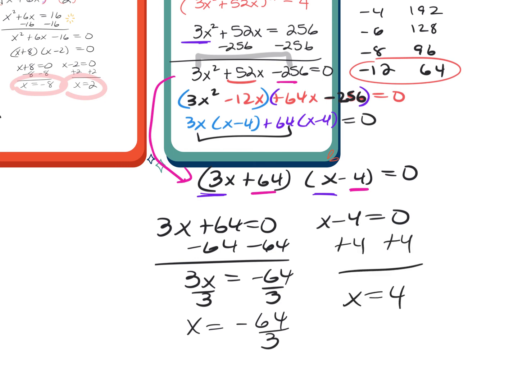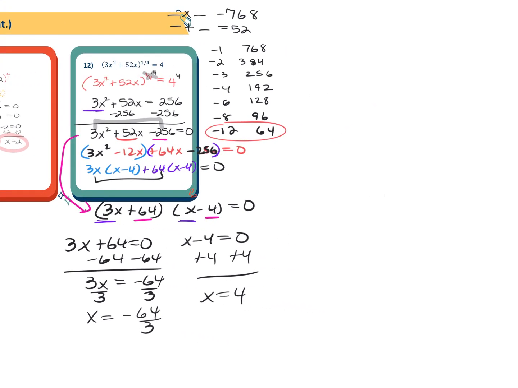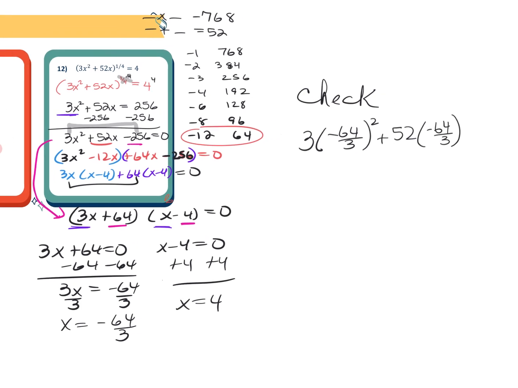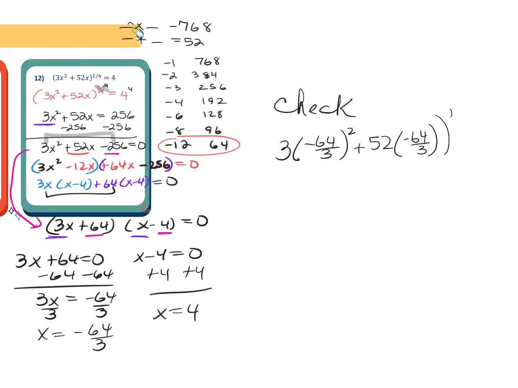So now I need to do the check. So I need to plug them both in. So I'll go ahead and check the negative 64 over 3 first. So 3 times negative 64 over 3 squared plus 52 times negative 64 over 3, raised to the 1/4 power, equals 4.